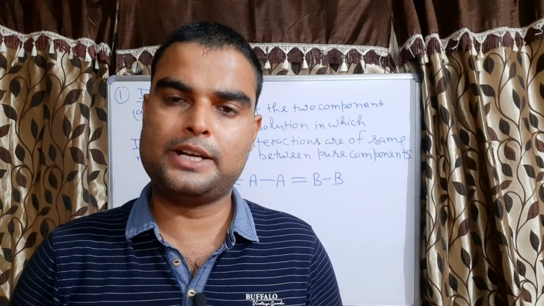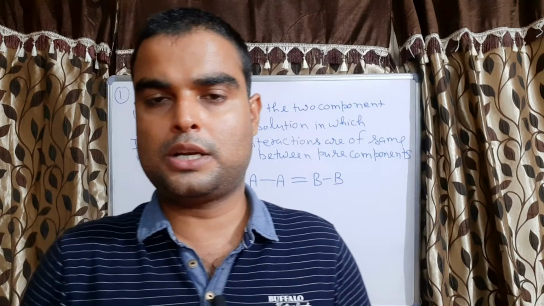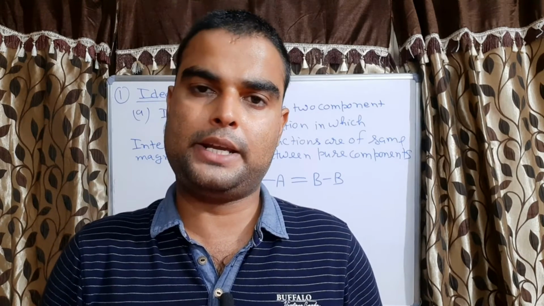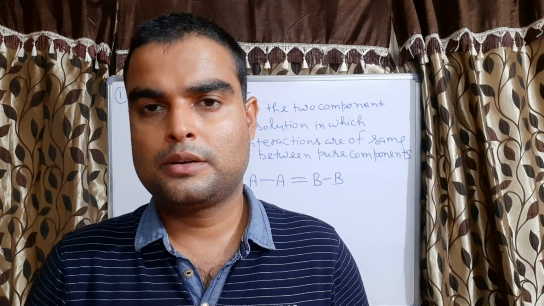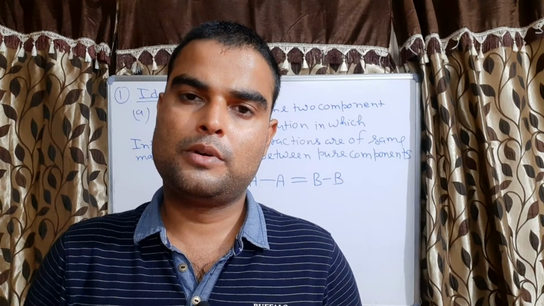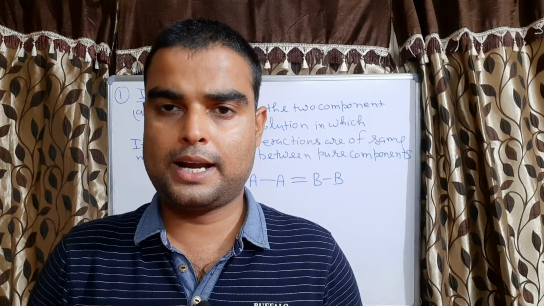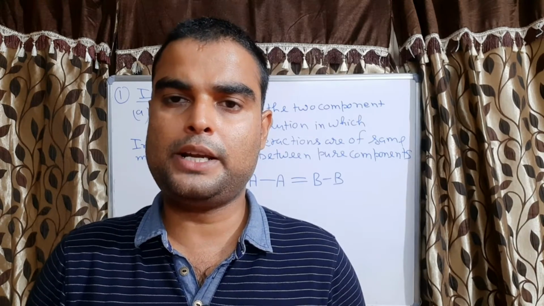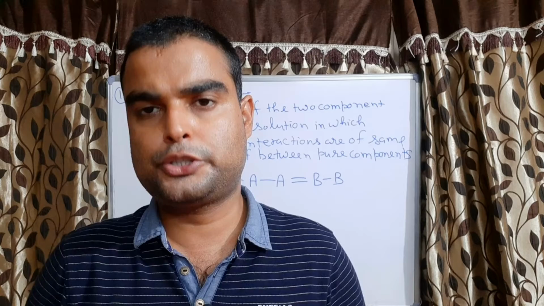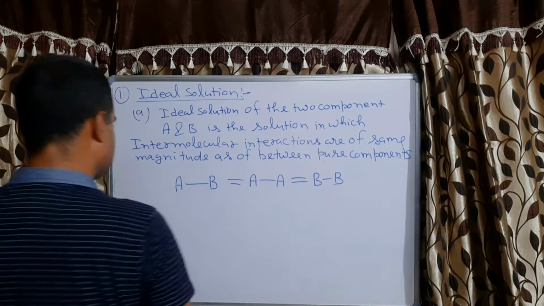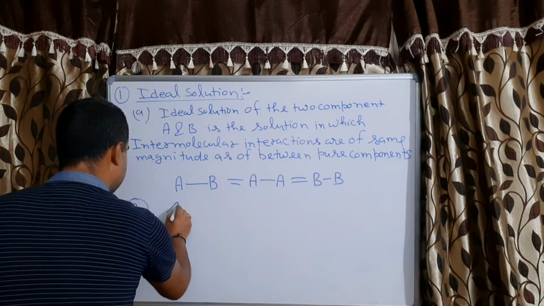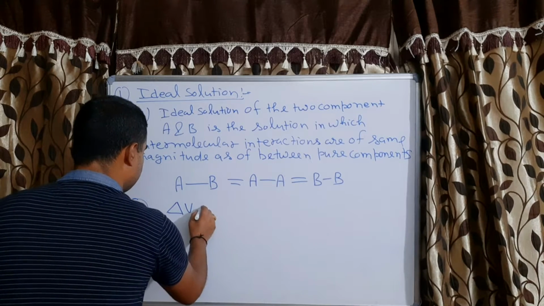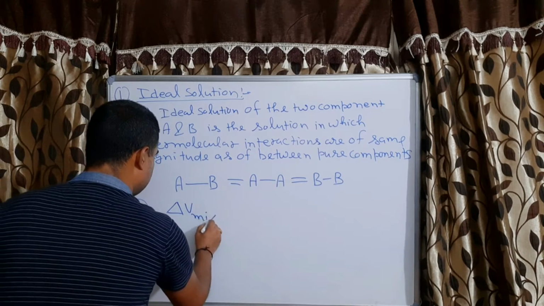As per the second definition, the ideal solution of components A and B is the solution in which the change in volume on mixing and the change in enthalpy on mixing are 0. It means number 2 is change in volume on mixing.